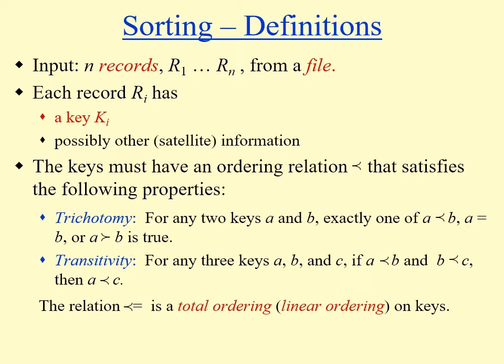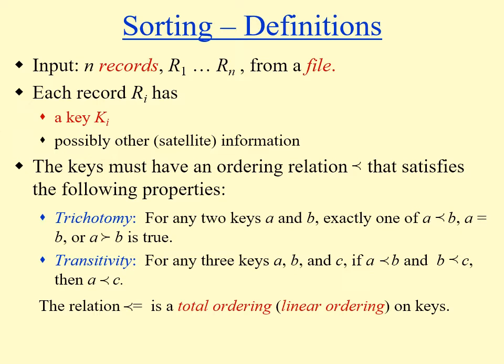So let's look at how to define sortable. The last paragraph will define the sortable. Here we define a relationship. We call it the ordering relationship. Ordering relationship means any two keys are comparable. Whether you are larger than the other one, or less than the other one, or equal to the other one, you have only one of the three choices to assign the relationship between these two keys.